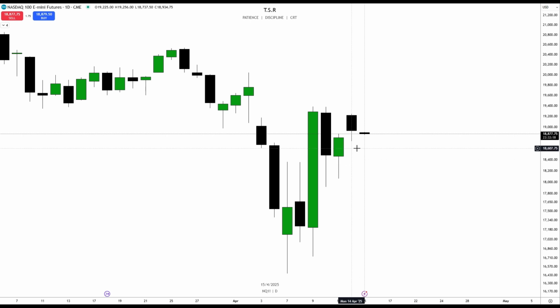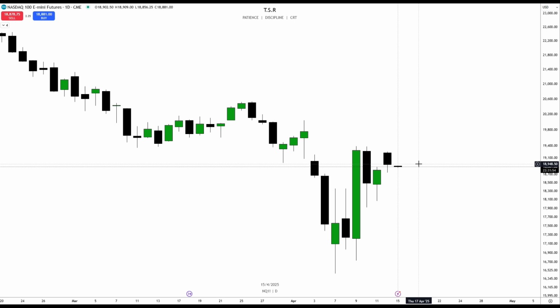Because if we pair the new week opening gap that's right below price with the fact that price opened inside of the daily volume imbalance, that gives us the bearish sentiment. That's why I was not buying in this market. My bias was very, very clear. It was bearish.